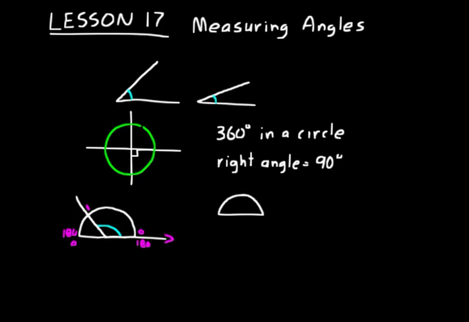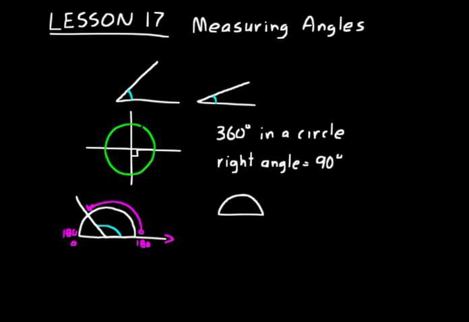So you'd be starting with the 0 on this side and reading over, and whatever measure it tells you where that second ray intersects the protractor, that's what you record as the measure for that angle.